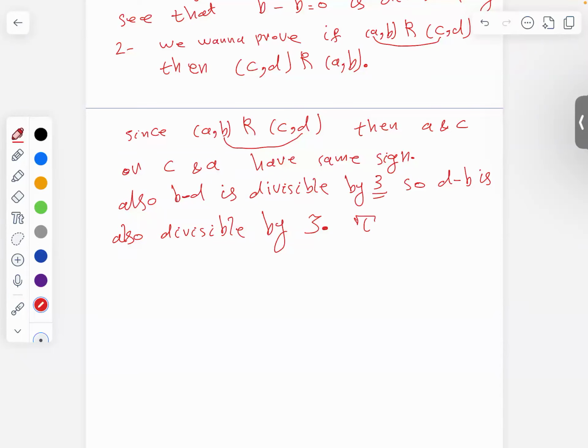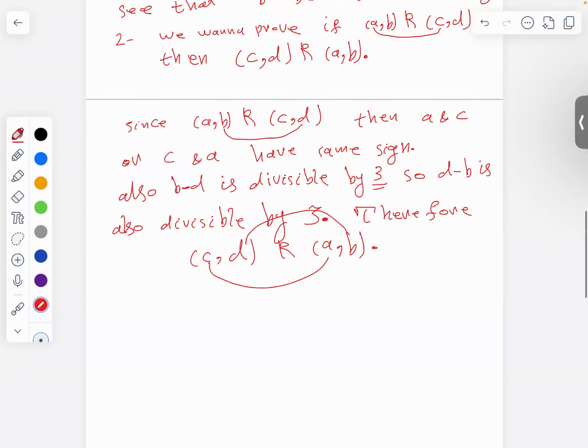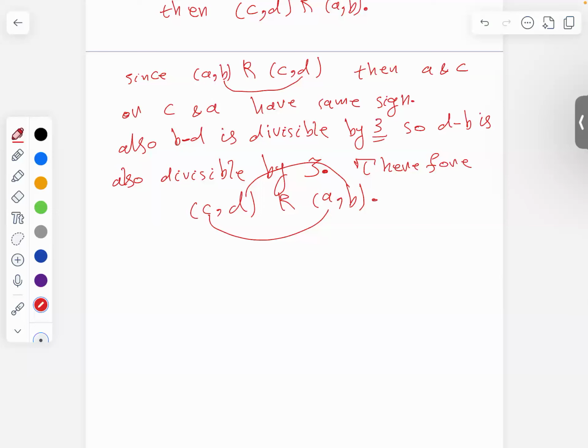Therefore, (C, D) has relation with (A, B). C and A have the same sign, and D minus B is divisible by 3.